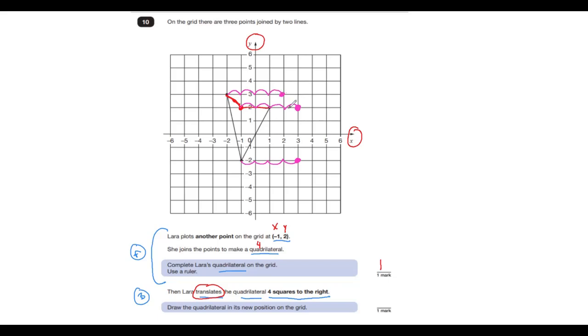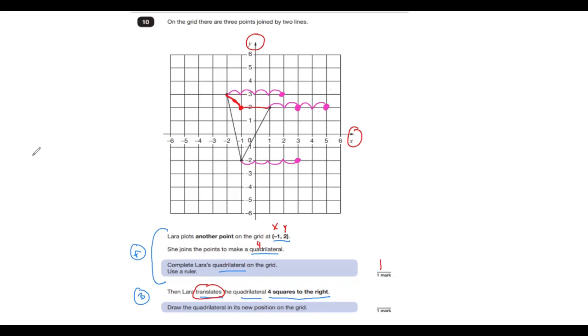I'm just doing so you can see what I'm doing. And now the next point here, we're going from this point here, and again we'll go 4 across. So from this point, we're going 1, 2, 3, 4.